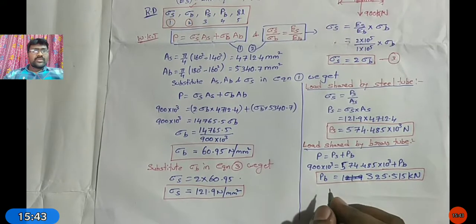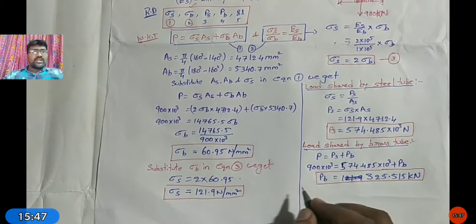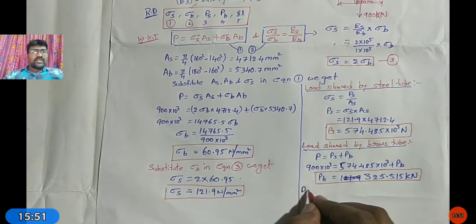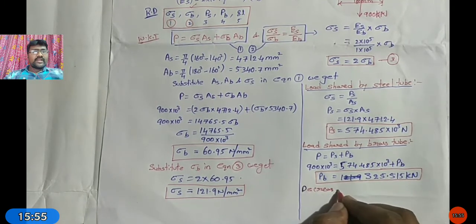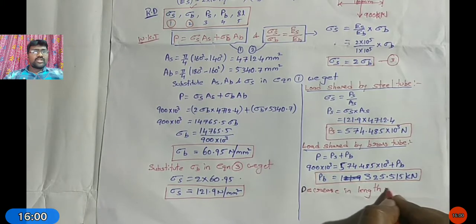Next, we can calculate the change in length, that is how much it is shortened due to the load, that is decrease in the length of the brass tube composite section.